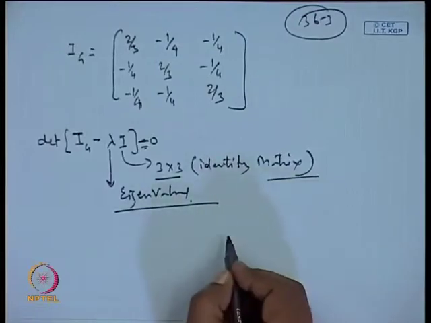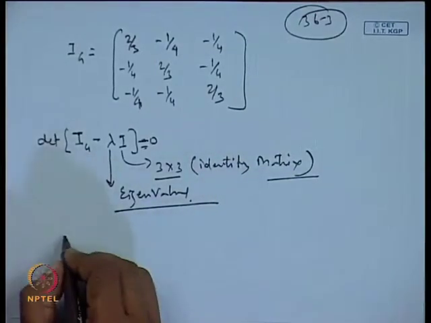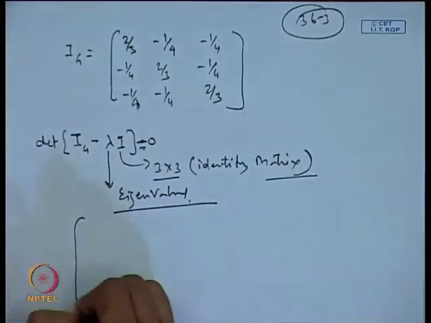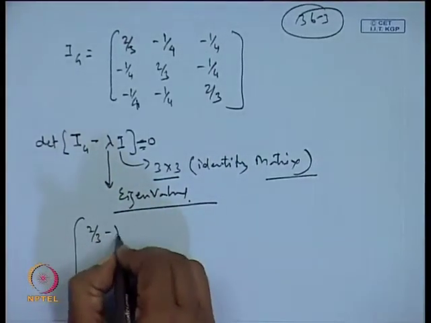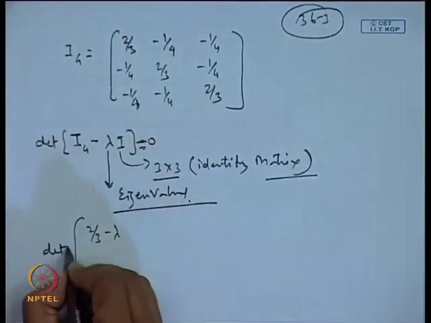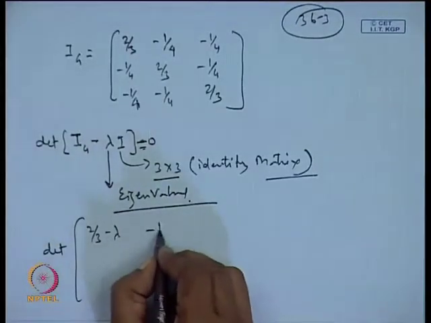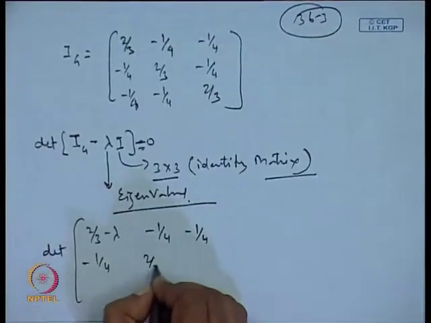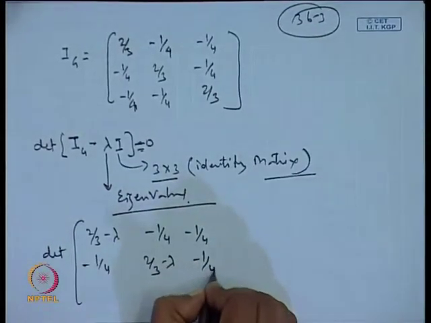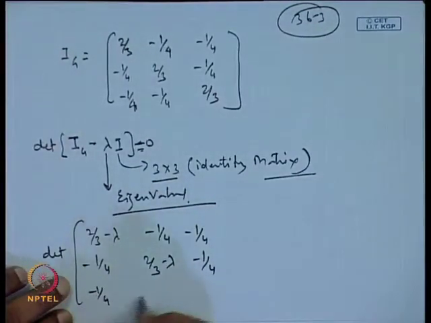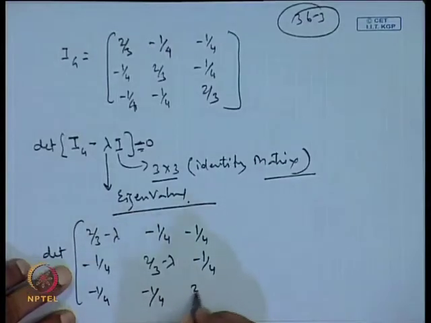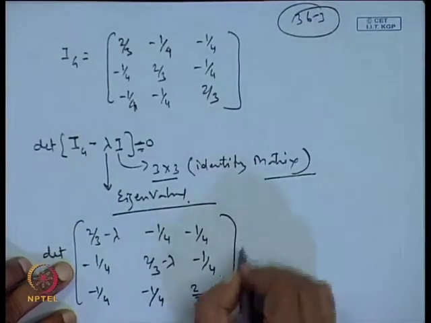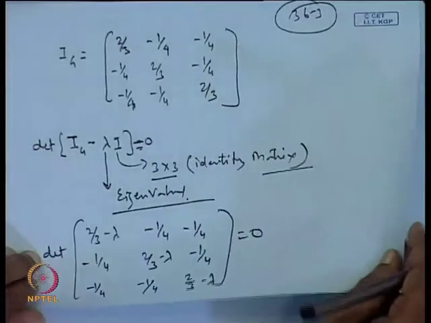Now, in solving this, the whole thing got reduced into the format: determinant of 2 by 3 minus lambda, minus 1 by 4, minus 1 by 4, minus 1 by 4, minus lambda, this should be equal to 0.